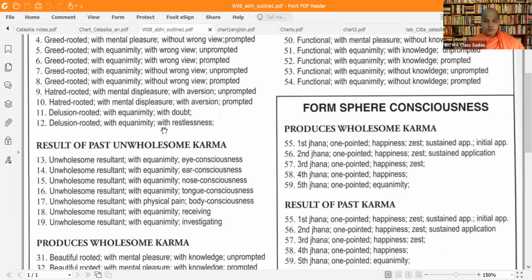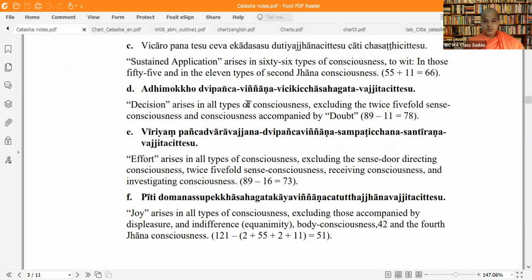Delusion rooted with equanimity with restlessness. One is associated with Uddacha, one is associated with doubt. So here it is referring to this Chitta number 11. So Adimukha is not present there as well. Therefore you have 78 Chittas having Adimukha.